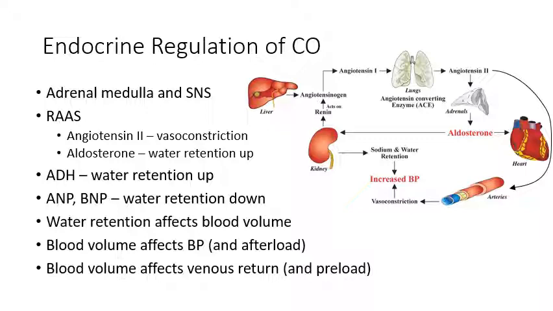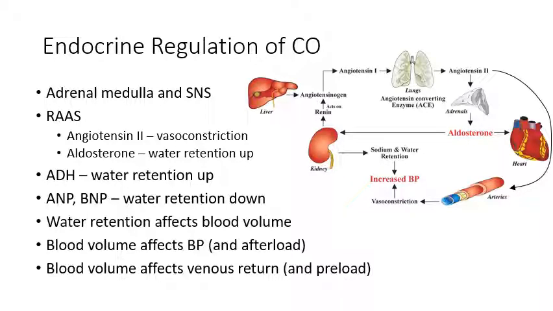So two of the hormones that are part of that system are angiotensin II and aldosterone. Angiotensin II causes vasoconstriction. Vasoconstriction is going to increase vascular resistance, which increases afterload, which decreases cardiac output. Angiotensin II also causes the release of aldosterone, which is a hormone that increases water retention by the kidneys.